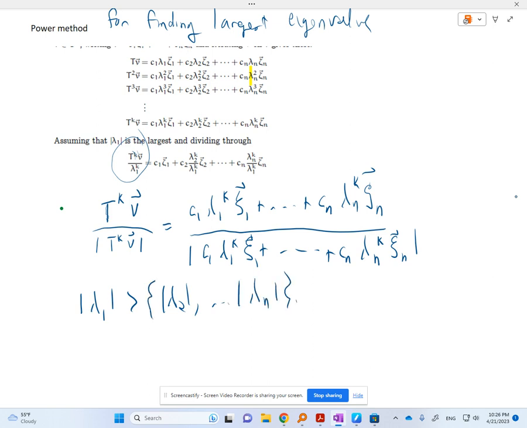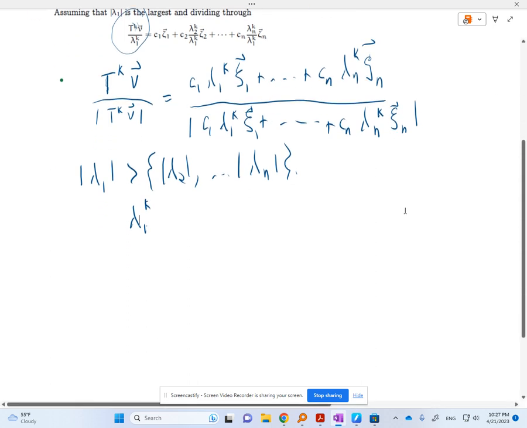All right. Now, I can factor lambda 1 out of the numerator and out of the denominator. So I'm going to factor out lambda 1 to the k on the top. And if I factor out lambda 1 to the k on the bottom, because it's a norm, it's going to factor out as an absolute value.